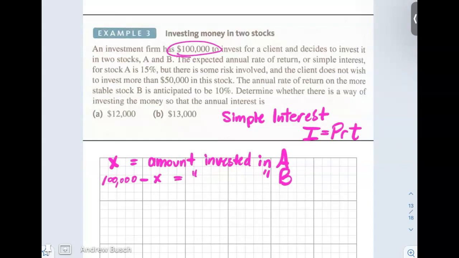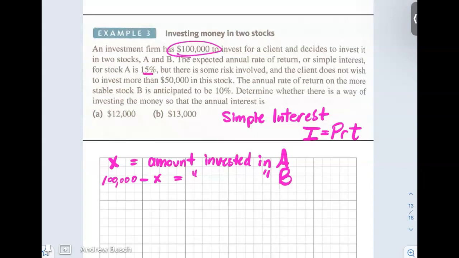It's called the principal amount. That's what's being invested. R is your interest rate expressed as a decimal. And T is the number of years that you're letting the money grow. And I is the simple interest. So when they talk about simple interest, that's what they mean.